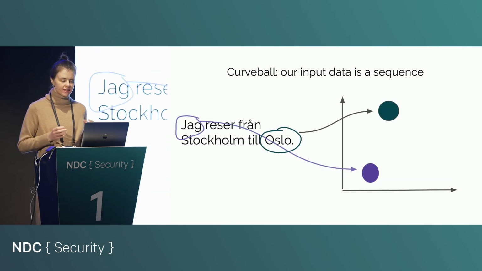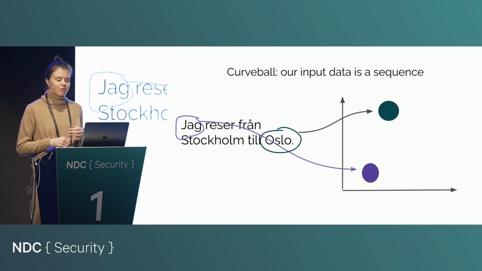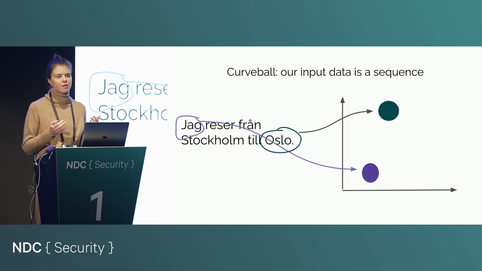However, there's a little curveball here. When you have a sentence in Swedish, like "I travel from Stockholm to Oslo," you can't simply break it apart and project it into this mathematical space in the same way that we did with our malicious and benign malware examples, because there is a dependency in the way the words are ordered in this sentence.